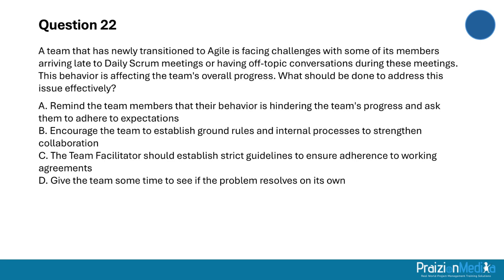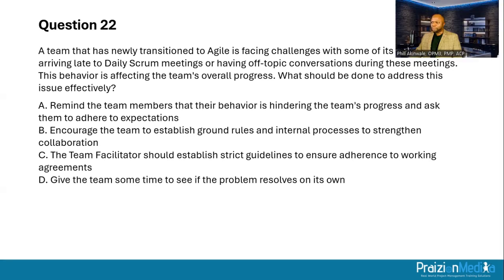I'll give you some time to think about it. Okay, hit the pause button if you need more time. So, the best answer here, again, using the process of elimination. This option A, telling the team, hey, your behavior is hindering progress, sounds somewhat draconian, actually.